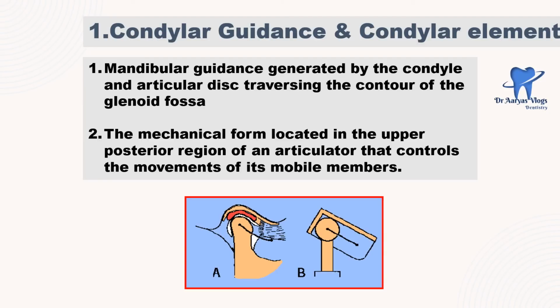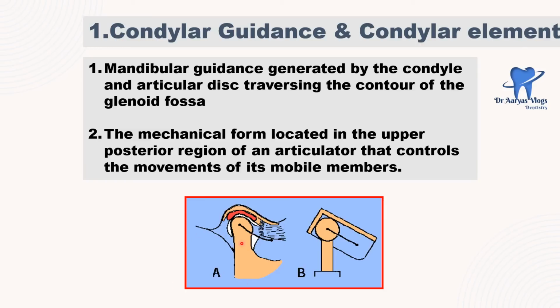What is condylar guidance or the condylar element? The mandibular guidance, which is created by the condyle and the articular disc traversing the contour of the glenoid fossa. And the mechanical form which is located in the upper posterior region controls the movement of mobile members.